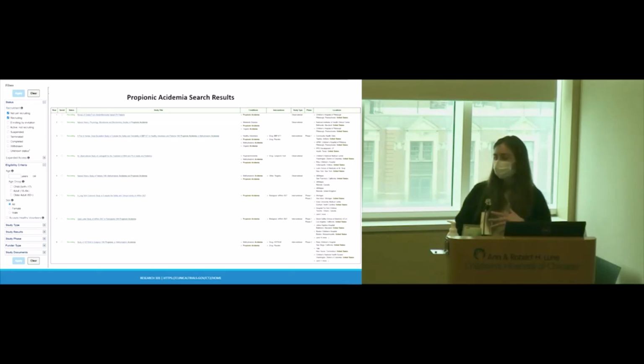If the affected individual in your family is an adult, then you can filter to do only studies that are enrolling adults, or you can look for studies that enroll both. You can also see if there are any studies that are specific to the child or individual sex. There's additional filters down the side, and you can play with those and add them as you want to help decide what type of trials you're looking for.